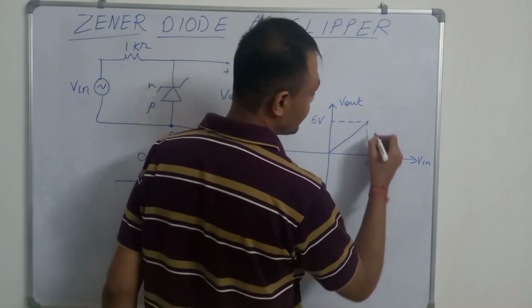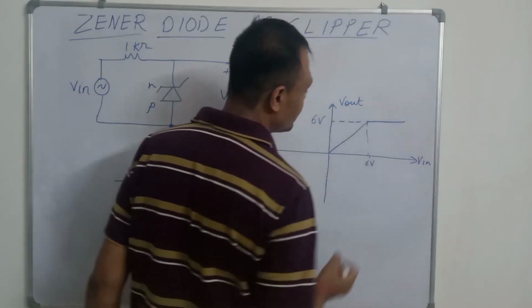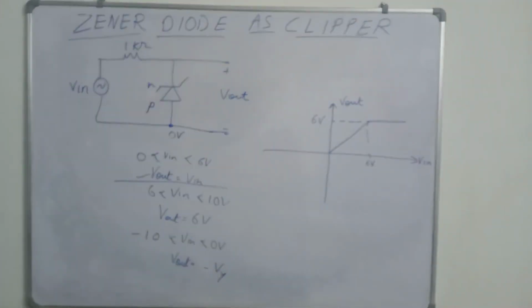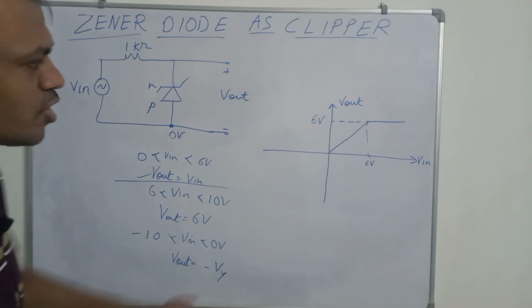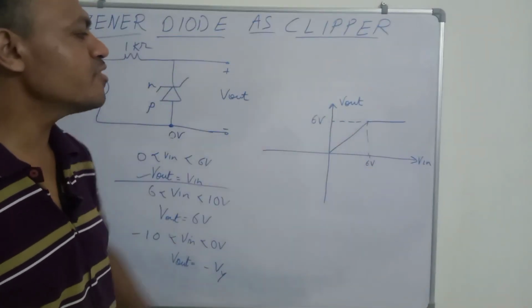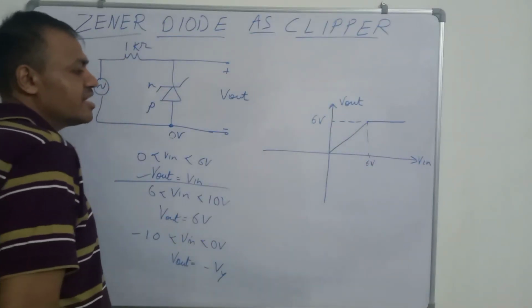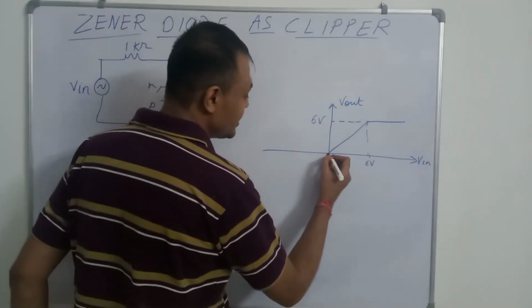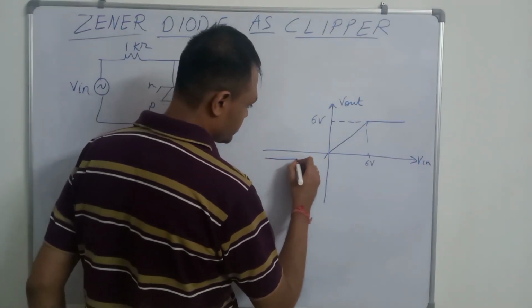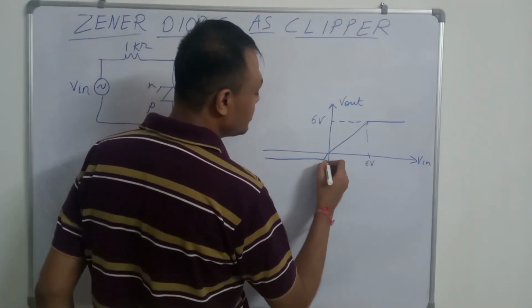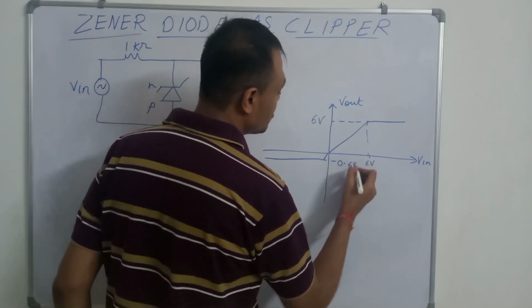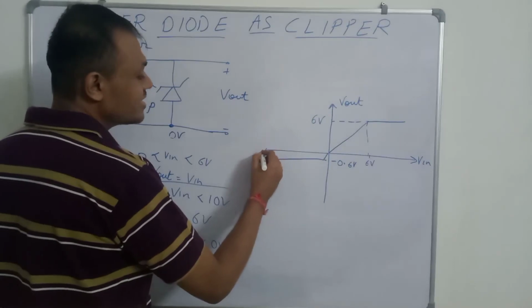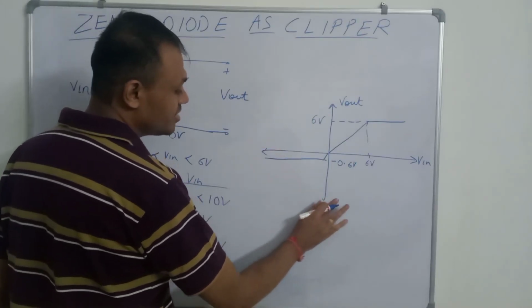When V in is more than 6 volt, the output voltage is constant at 6 volt. And for negative values of V in, the output voltage is always equal to minus 0.6 volt.